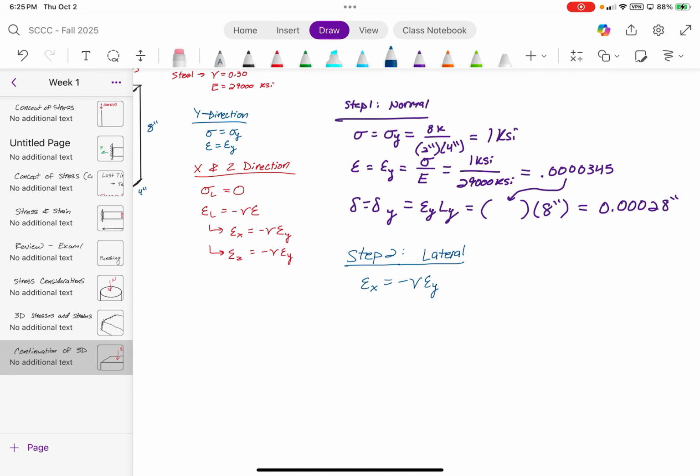We wrote it right there. So the strain that develops in the x direction is going to be negative 0.30 times the strain in the y direction was 0.0000345. And what we get is negative 1.035 times 10 to the negative 5.